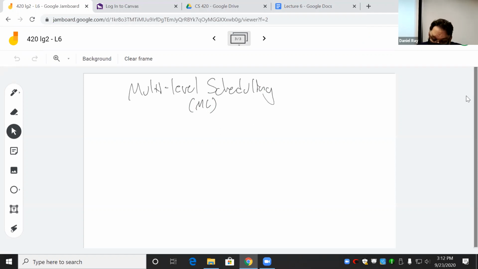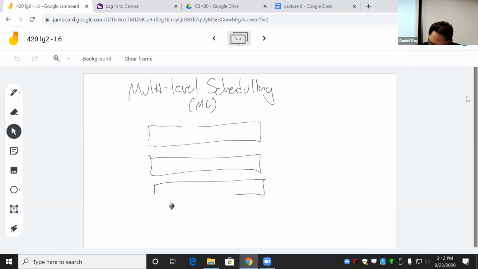What if we had a bunch of queues? In fact, we're going to have n total queues.